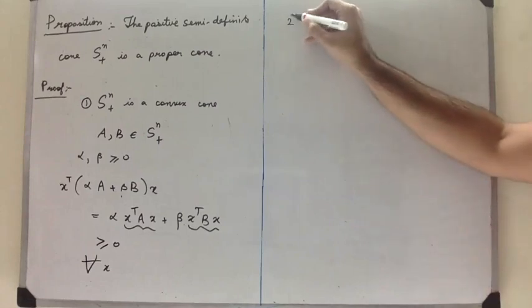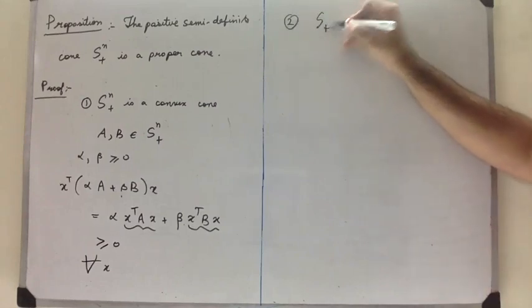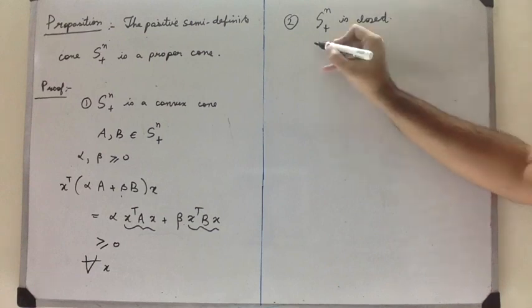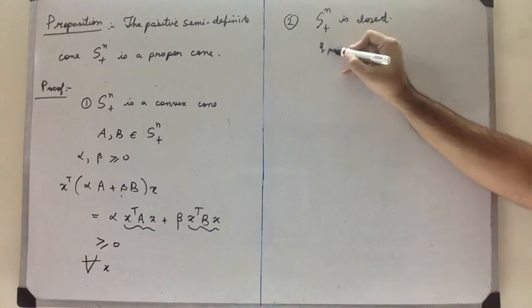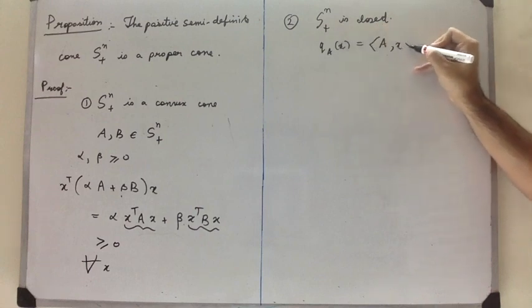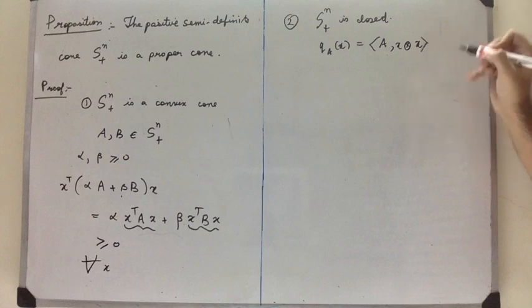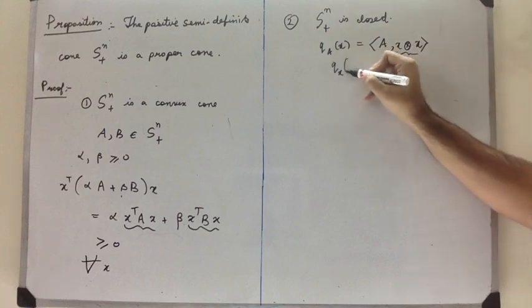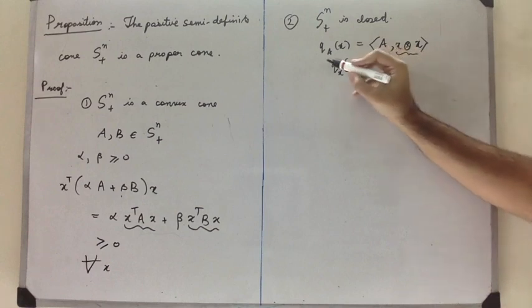Second, we prove that S^n_+ is closed. To show that, consider this Q_A of x, which was nothing but x transpose A x. Now fix an x. Let's call this Q_x of A, a different notation for the same thing.